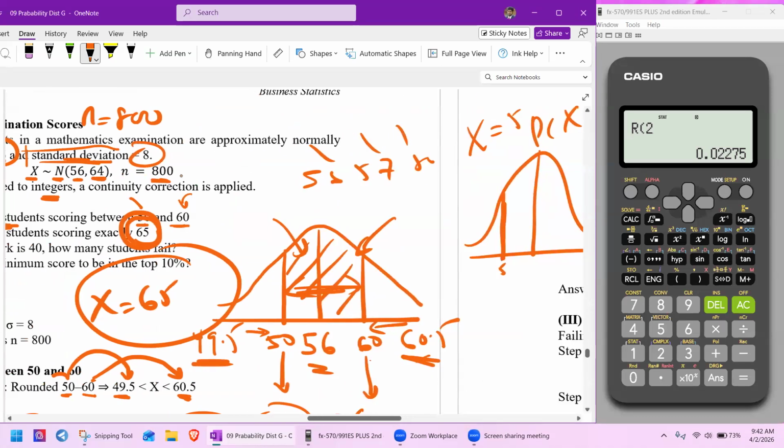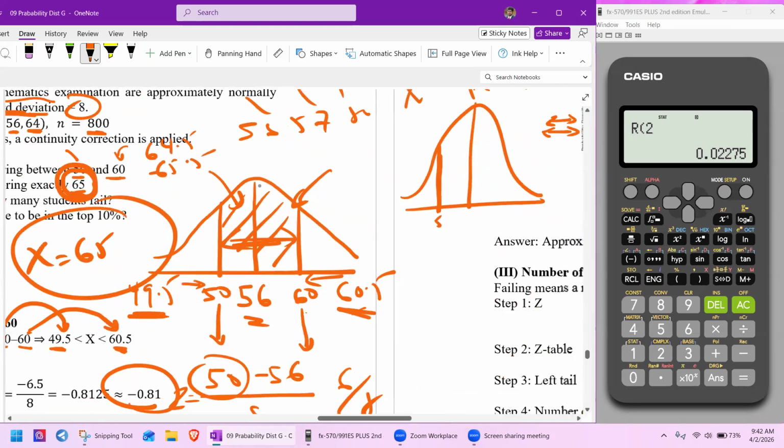The question is exactly 65. Exactly 65 means we can take an upper limit and a lower limit. Here, what is the upper limit? It's a class, so the upper limit is 65.5 and the lower limit is 64.5.